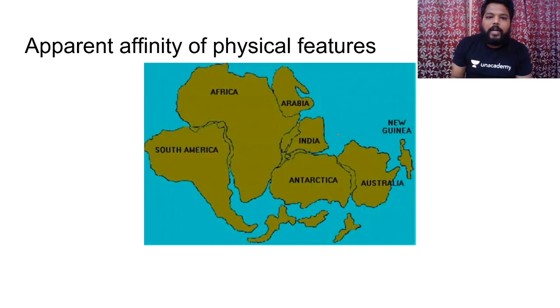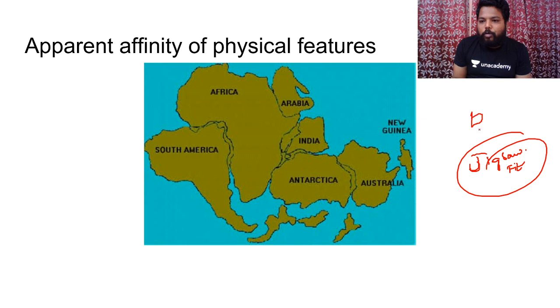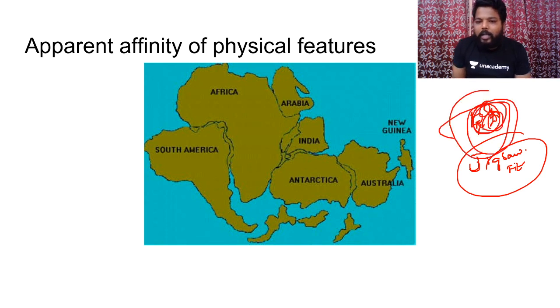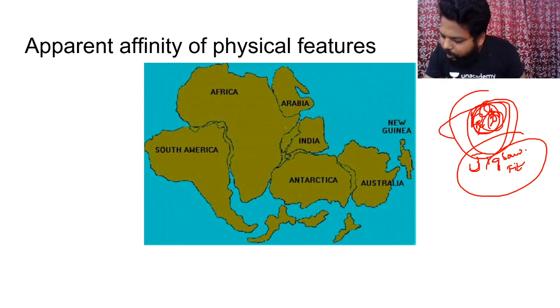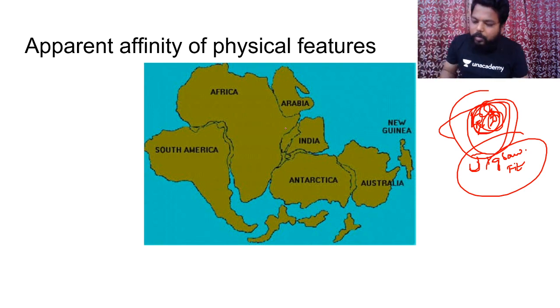If you see the first evidence, that is the jigsaw fit. What is a jigsaw fit? In childhood, we used to play puzzles, matching pieces. I hope everyone remembers the jigsaw fit, right? In this way, whenever you look at the continents, the South American western coast appears to match with the African eastern coast, and the Indian margin appears to match with Africa, Antarctica, and Australia. We have coastal proximities.